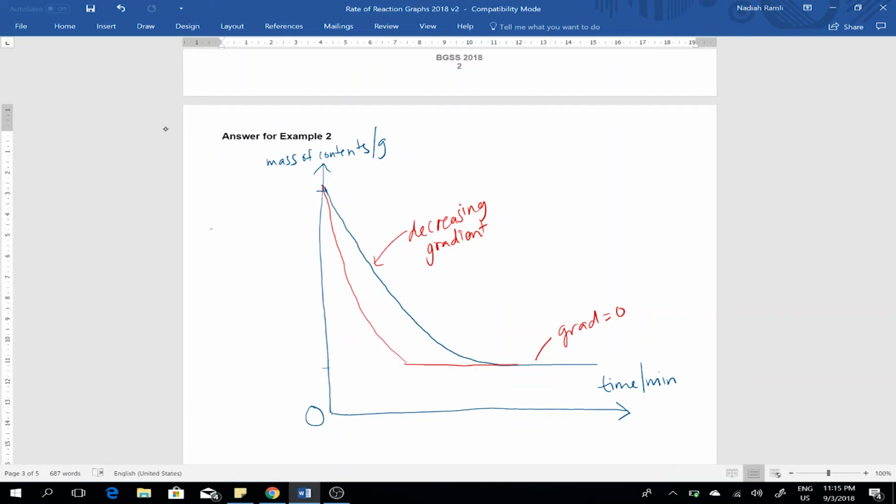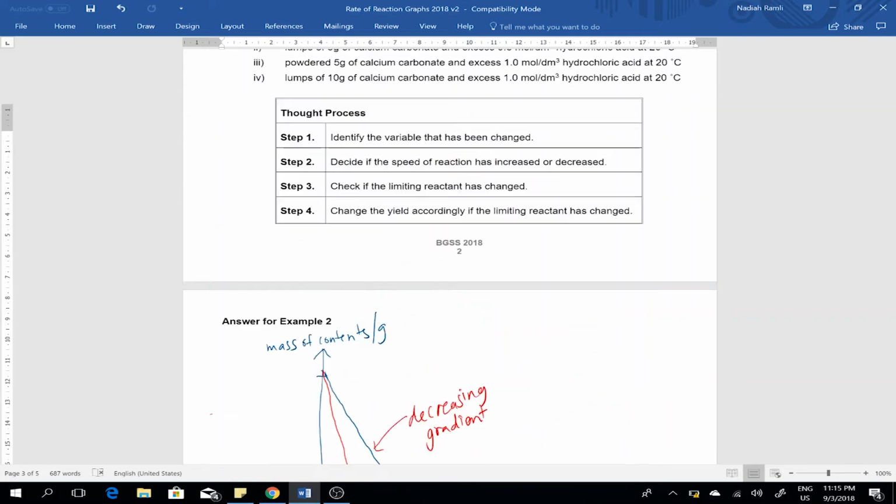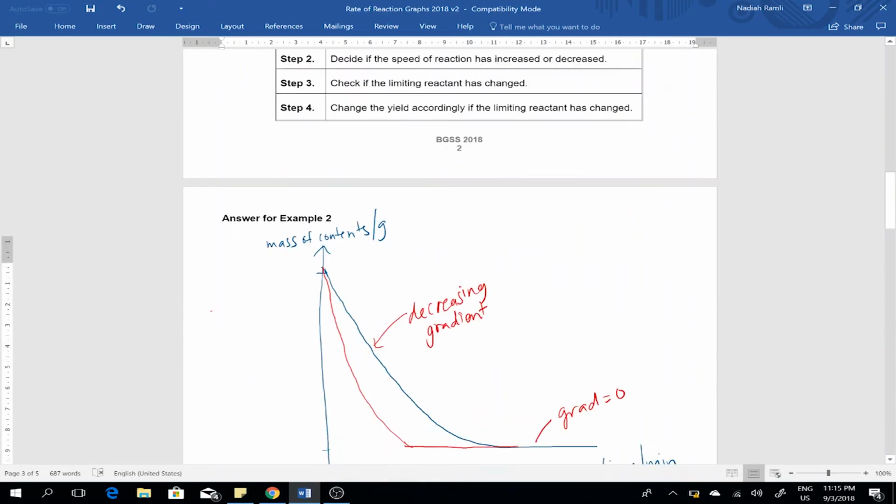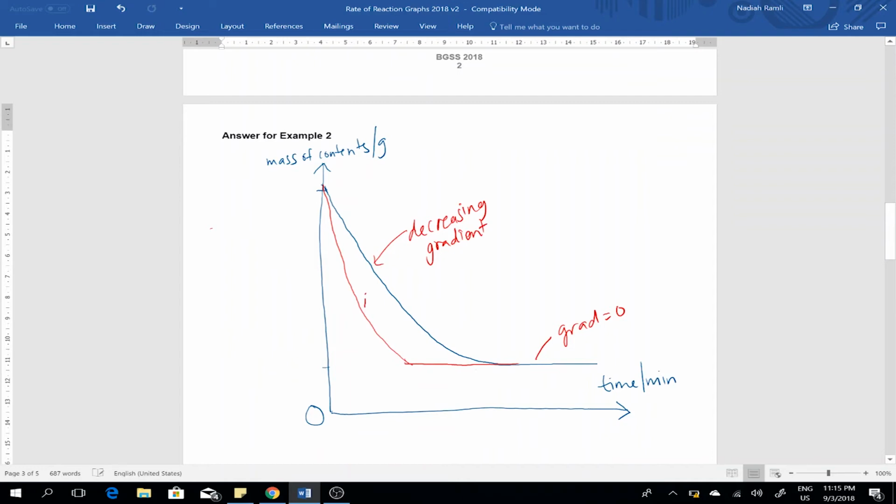Please make sure it's all nicely joined. Alright, so this is graph 1. As you can see, with higher temperature, it ends earlier, and it has a steeper gradient.